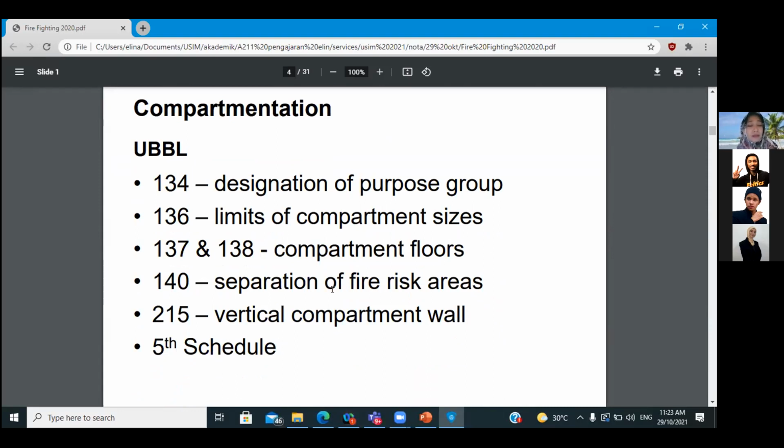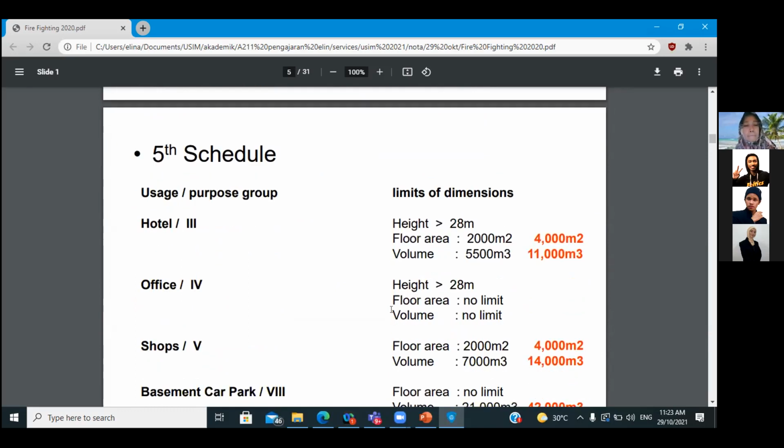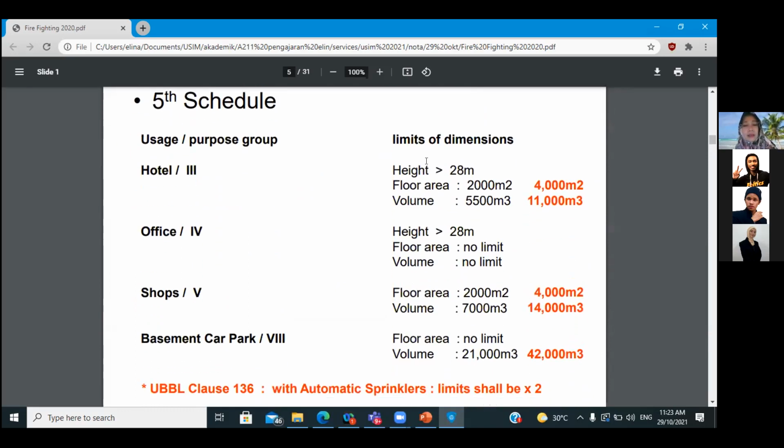Separation of fire based on volume. You have to calculate a little bit there. 215 is a vertical compartment wall. This is according to the design. If there is a hotel, there is a shopping complex, vertical compartment wall, it requires... See? Limit of dimension.